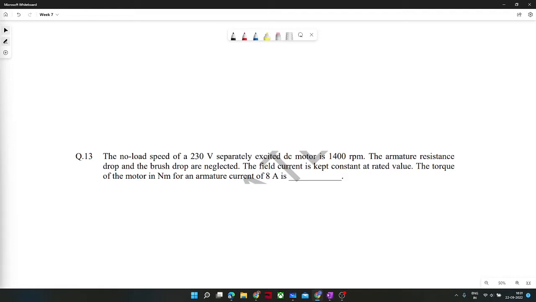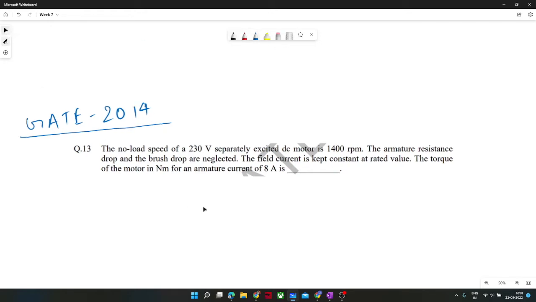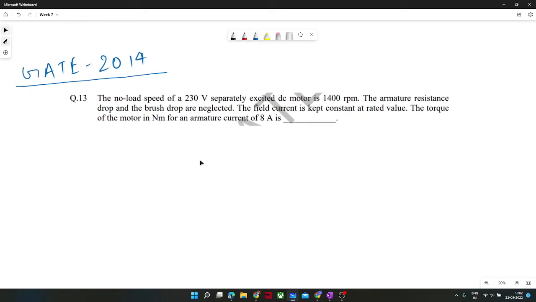Yes, sir. Thanks. So, this problem appeared in GATE 2014 for 1 mark. In the problem, we had to calculate the torque of the machine when a current of 8 ampere is flowing through the armature of the motor.